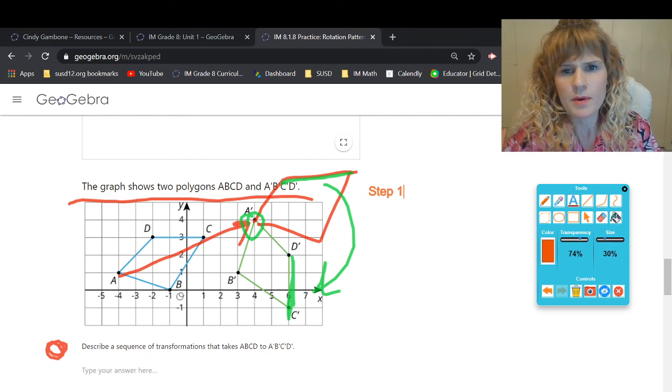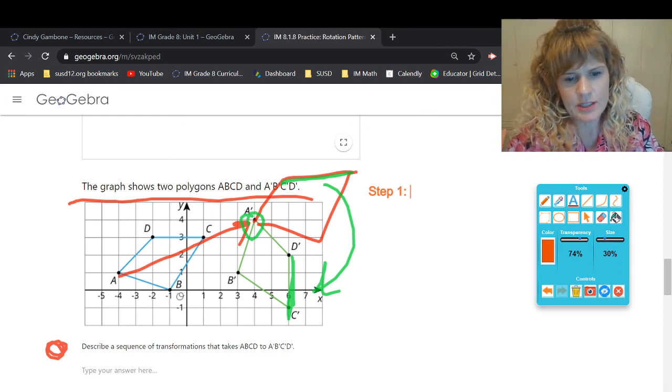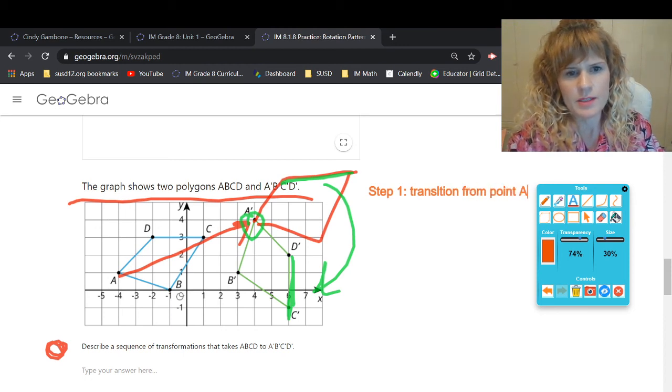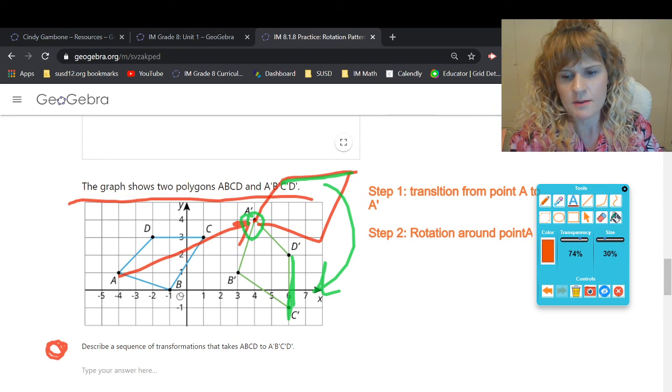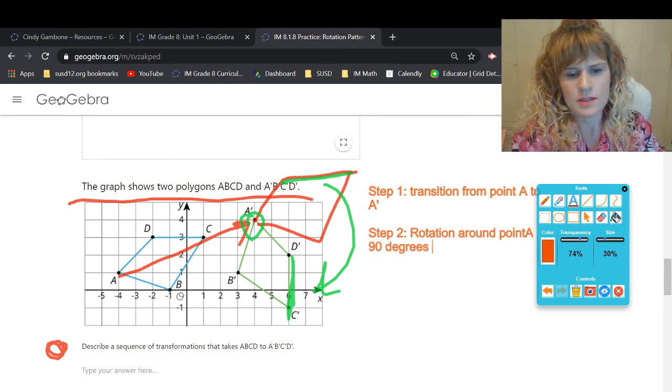Okay, step 1 is translation from point A to A prime. Step 2 is a rotation around point A, and that rotation was 90 degrees clockwise.